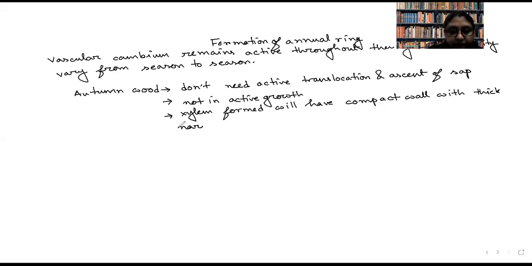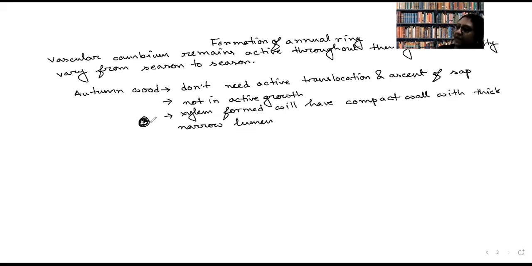Lumen means the cavity. Xylem is made up of tracheids and trachea, both of which work as a pipeline. If the wall of the pipe becomes very thick, what will happen? The inner space for transportation will be low, so it has a very narrow lumen. So if you take a cross section of the xylem tissue, it will have a very thick wall.